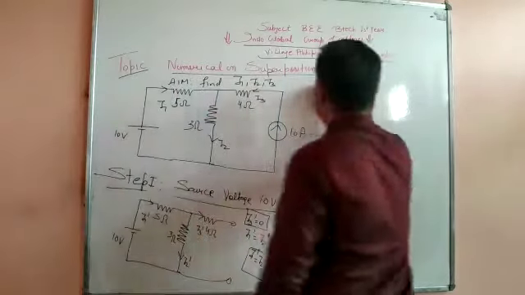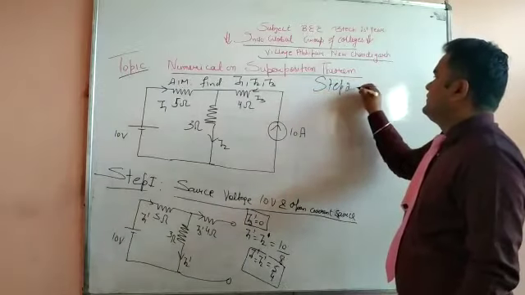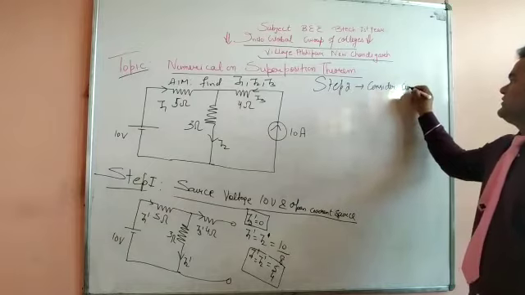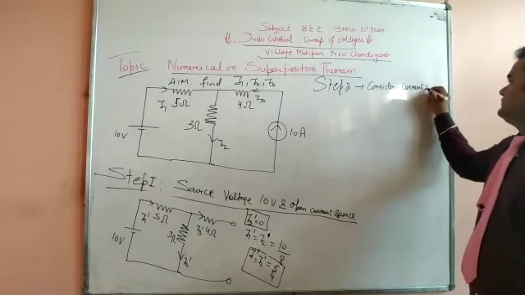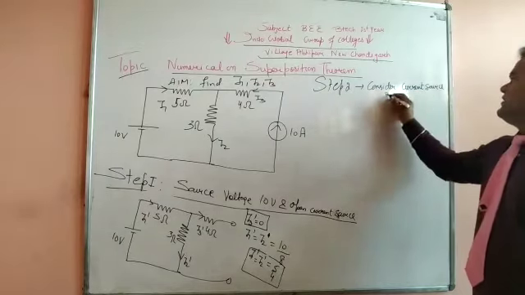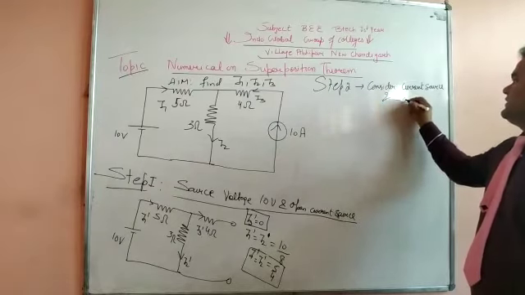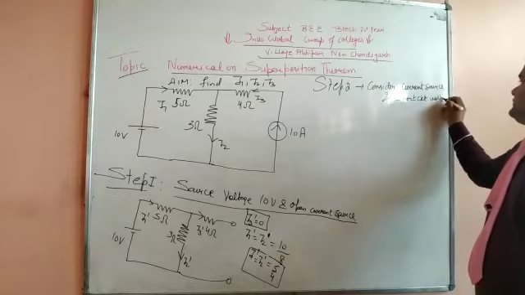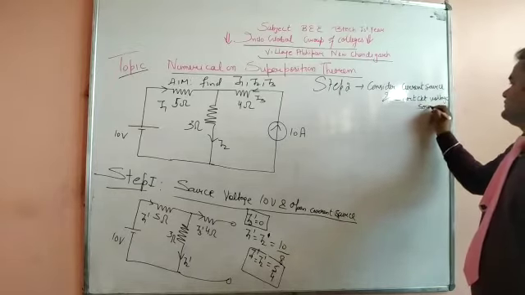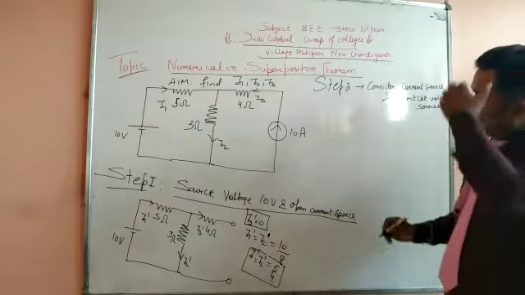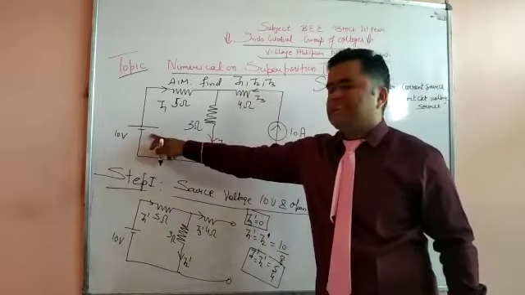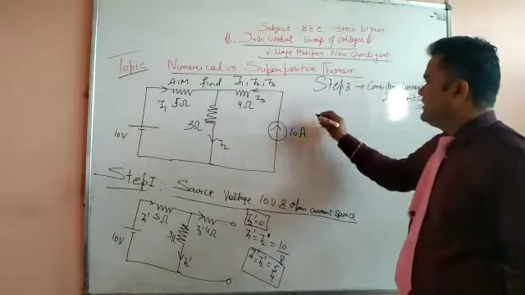Now step 2. Now consider current source and short circuit voltage source. Now you are considering the current source and short circuiting the voltage source in a given circuit.